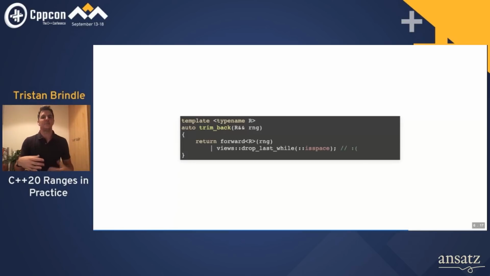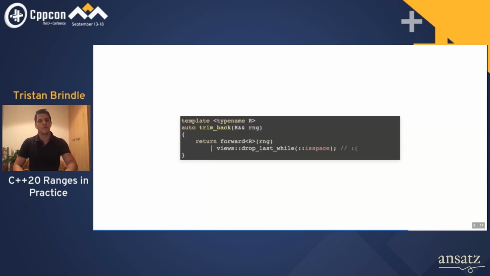And the reason for that is because it's possible to do this another way. If you think about what we want to do, whereas DropWhile goes from the beginning of the range, we want to do exactly the same thing, but work backwards from the end. So the way we can do that is by first reversing our range, then counting from the front, and then reversing the range again.